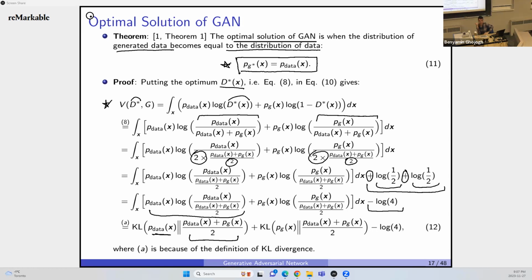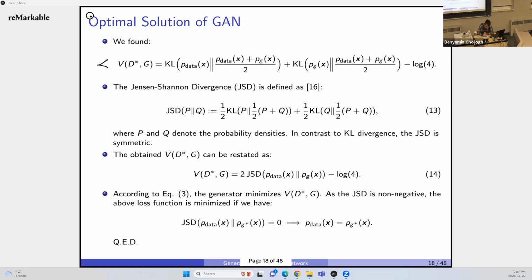The larger the KL divergence, the more difference they have. Okay? There is no upper bound on KL divergence. So this is the KL divergence between this and this. This is the definition of KL divergence in continuous form. Agreed? Now let's continue. So this is what we found.